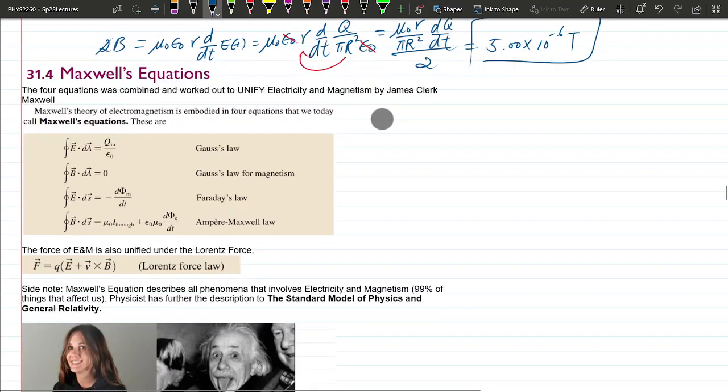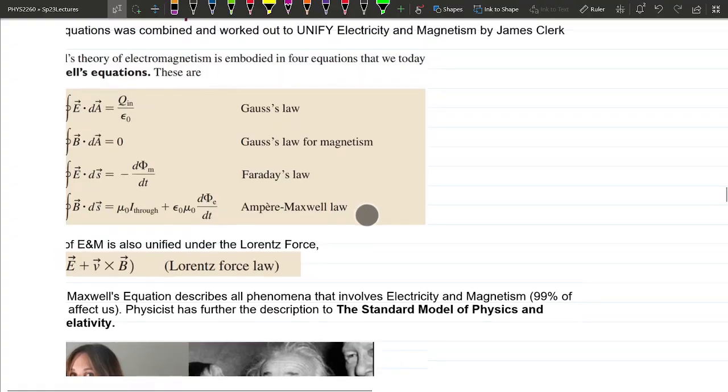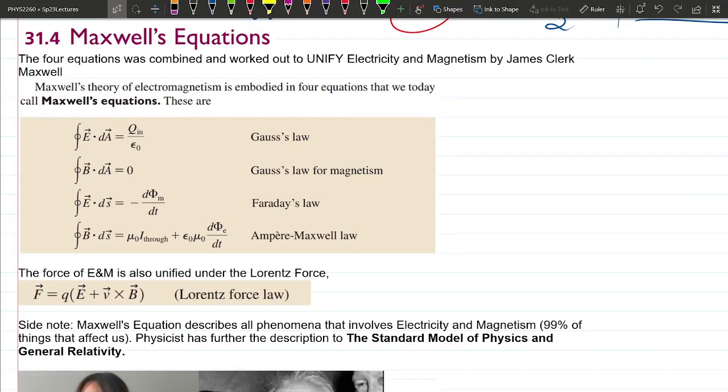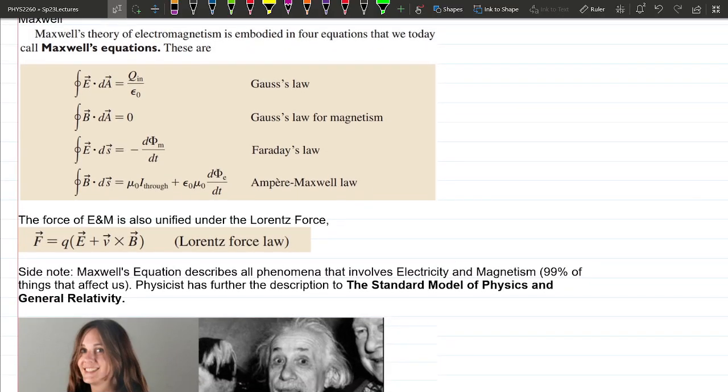Just to do another review, the combination of all these four equations together are known as Maxwell's equations. We have Gauss's law, Gauss's law for magnetism, Faraday's law, and now we have completed Ampere-Maxwell's law, where we added the changing electric flux term. Plus the force law: if you put a charge Q in some electric field E, that gives you the electric force.